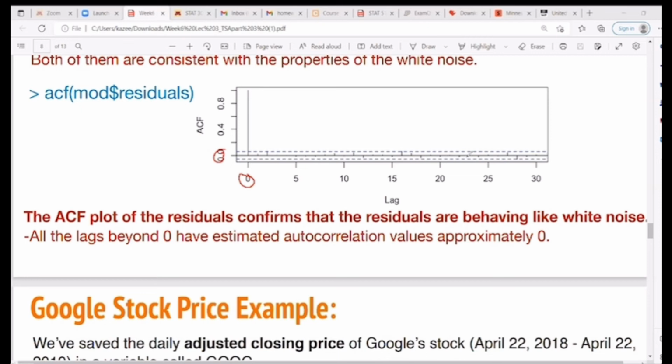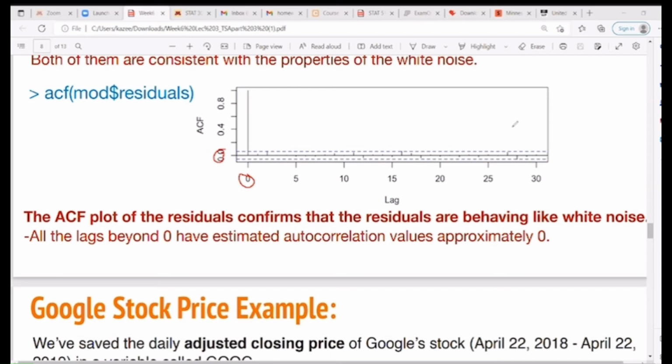I told you that at lag zero it is always one. That is the only one we allow to come out. Though we can still have some outside, they should not be more than 5% of the whole thing, because in statistics, don't forget, we can tolerate 5% error. That's why we use a level of significance of 5%.